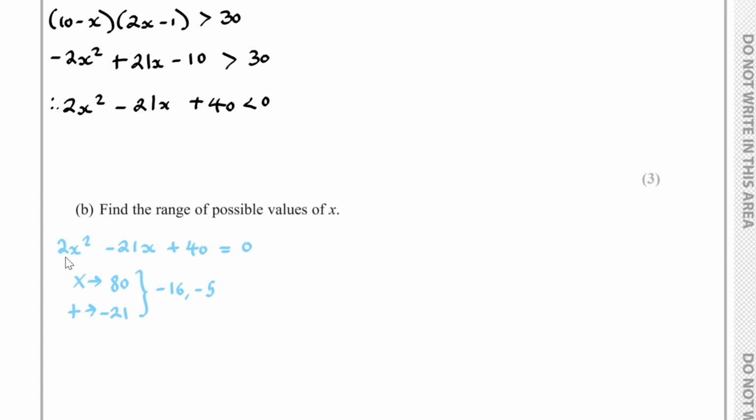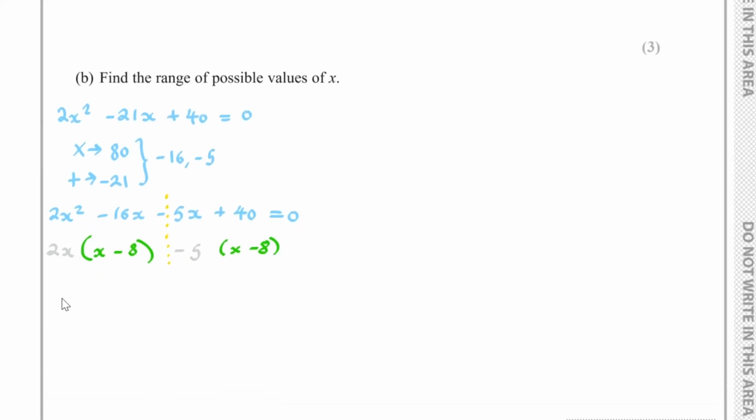Okay, so we can rewrite this as 2x squared minus 16x minus 5x plus 40 equaling 0. And now if I split this down in the middle, if I factorize this left bit, I've got 2x lots of x minus 8. I want an x minus 8 over here, so you can see here minus 5 lots of x minus 8 gives minus 5x plus 40.